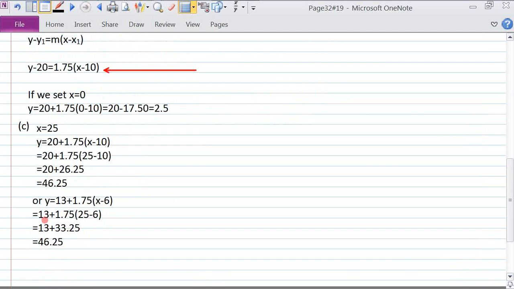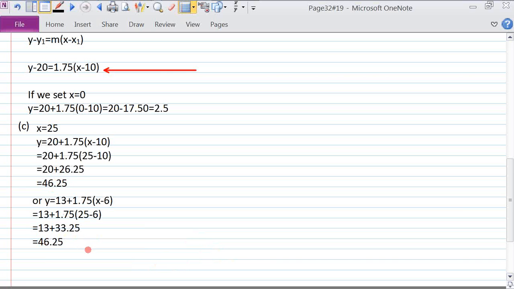We get 13 plus 1.75 times, x is 25, so this will be 19. 19 times 1.75 gives us 33.25. When we add 13 to 33.25, we get 46.25, which is the same as we got over here.